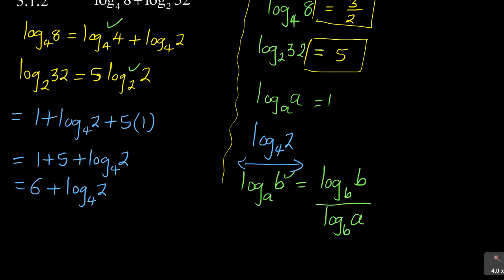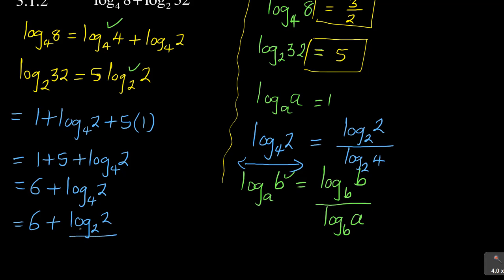If I use the same principle here and I want to change everything into base 2, I will have log base 2 of 2 on top, over log base 2 of 4 below. So now I can conclude that this becomes 6 plus log base 2 of 2 over log base 2 of 4.